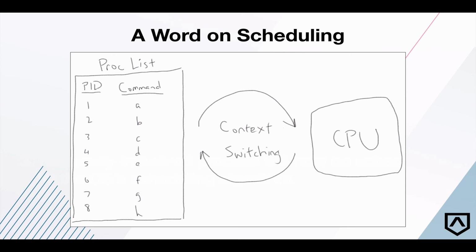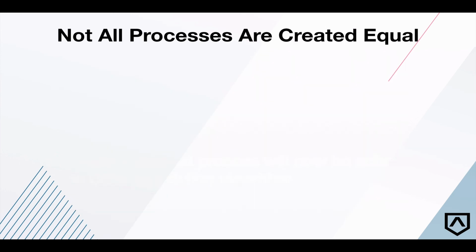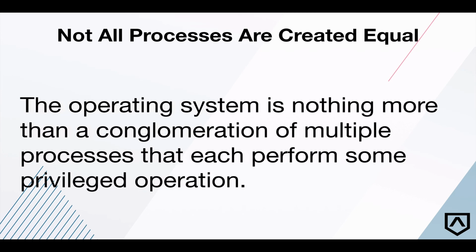Let's move on to the next point, and that is that not all processes are created equal. What I mean by that is that it turns out the operating system itself is actually nothing more than a conglomeration of a bunch of processes.